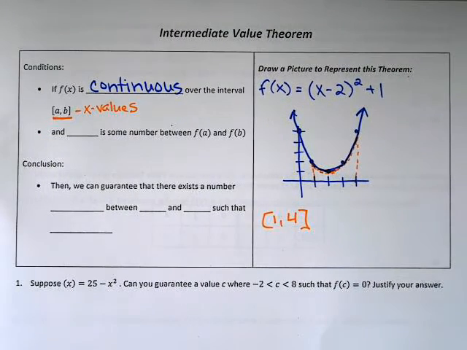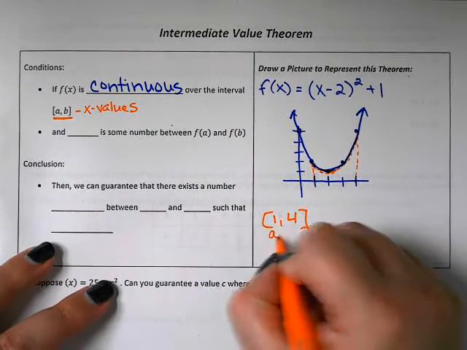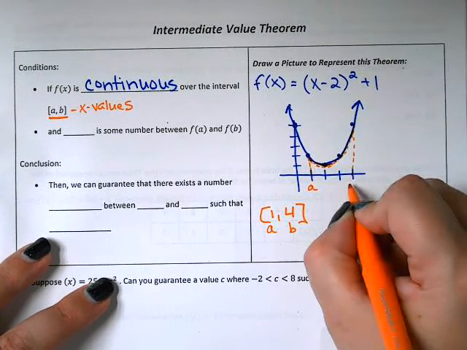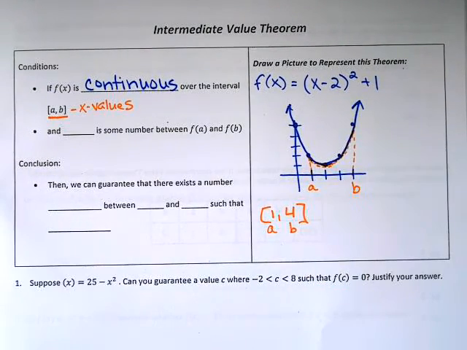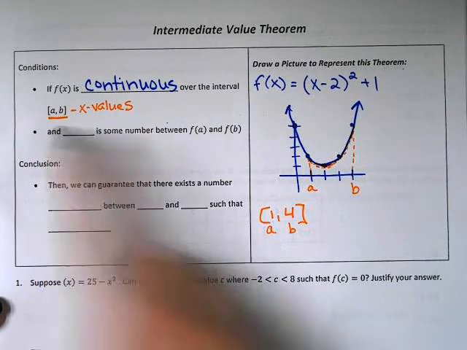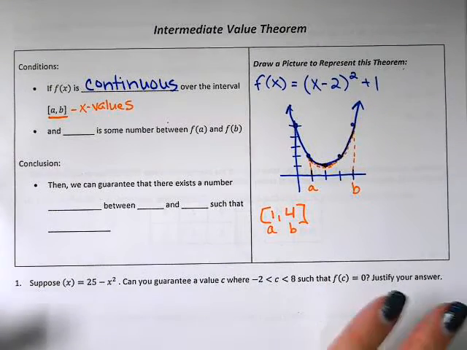Those are my x values there. 1 would be my a, so a would be right here, and then 4, we're going to call that our b, so b would be right there. So if f of x is continuous over the interval a to b, so cool, it's continuous from a to b, so that's the first condition.